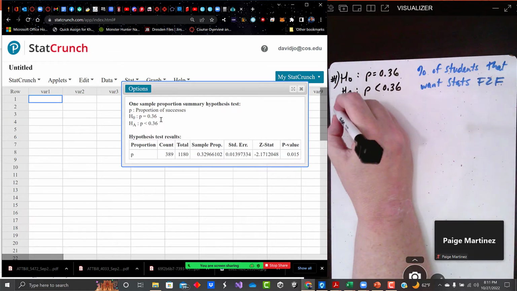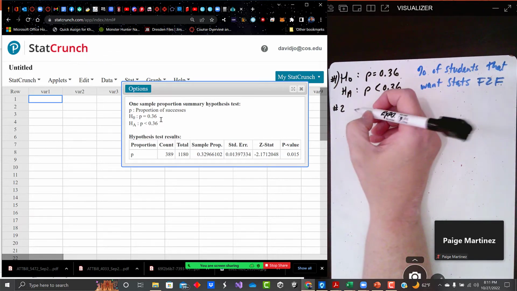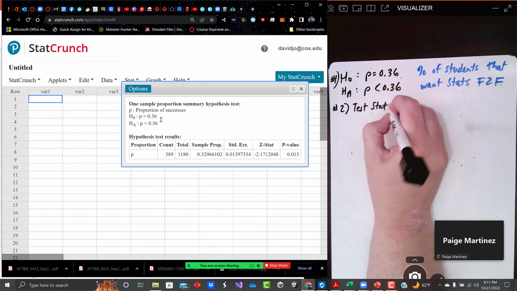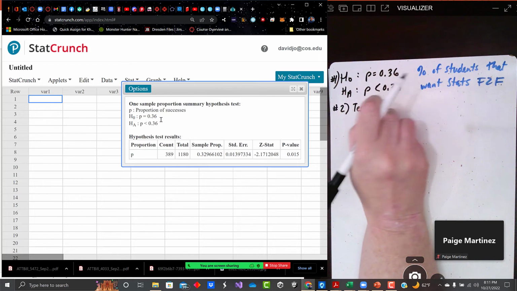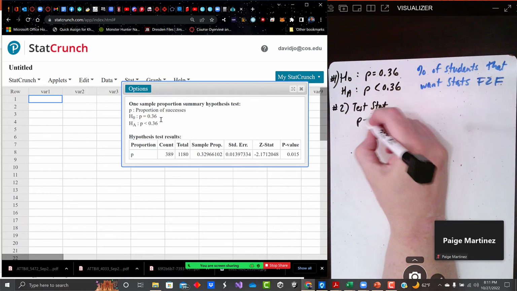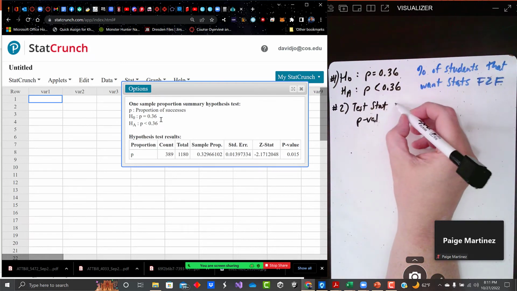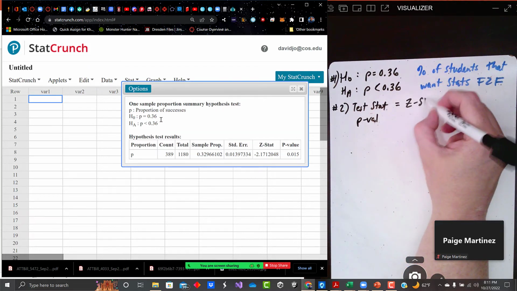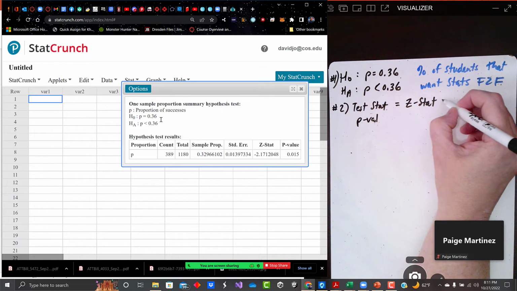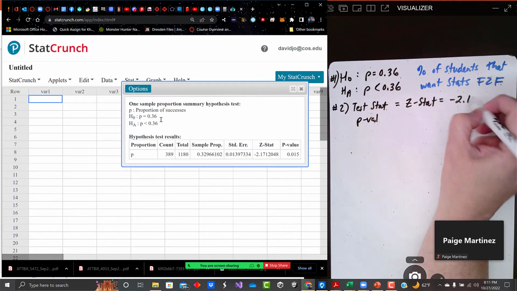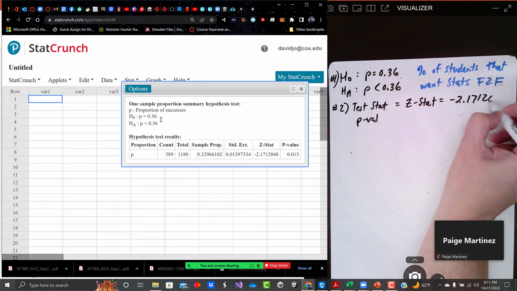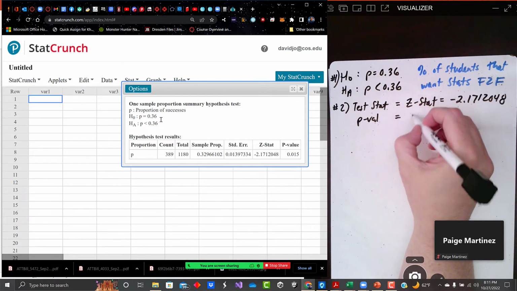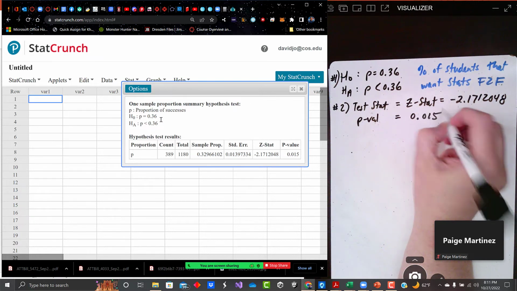Step two was to get the test statistic and the p-value. This test stat is the one that says z-stat for this problem. And it's negative 2.1712048. And my p-value is listed as 0.015.